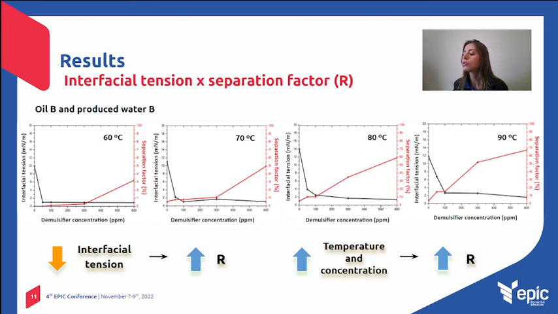So this result suggests that the demulsifier proved to be efficient, which means the demulsifier was able to reduce the interfacial tension, right? Leading the system closer to log R equal 0, taking the emulsions to a region of instability and achieving the phase separation consequently, okay?